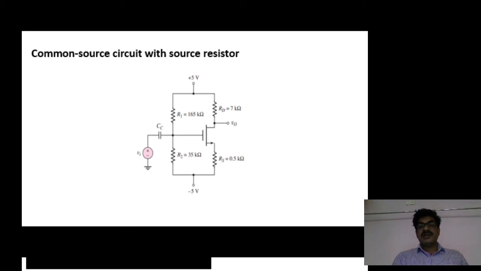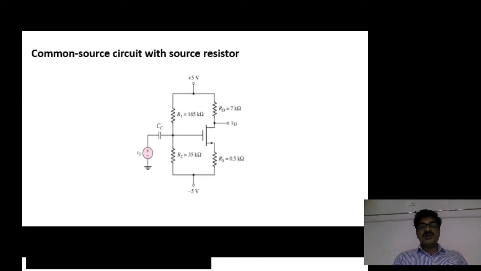The coupling capacitor's purpose is to allow only the AC component to the amplifier and block any DC. VI is the signal source. So that is the description of this common source amplifier including the RS resistor.